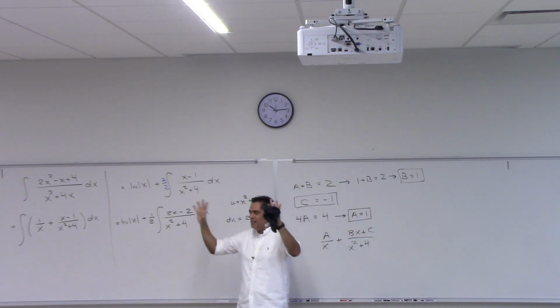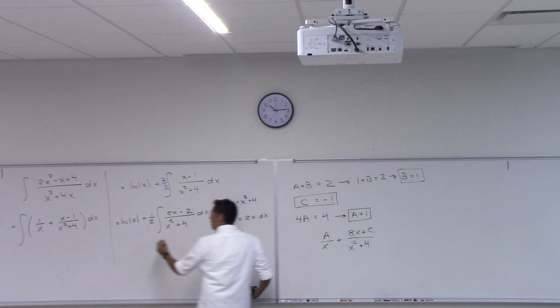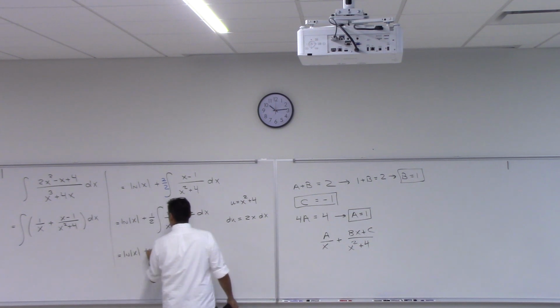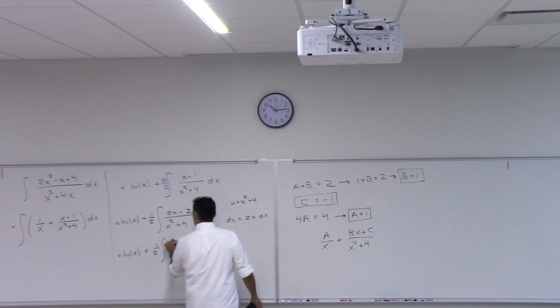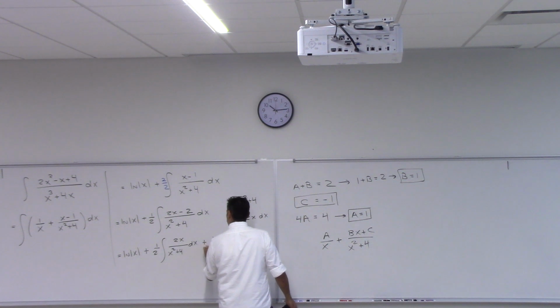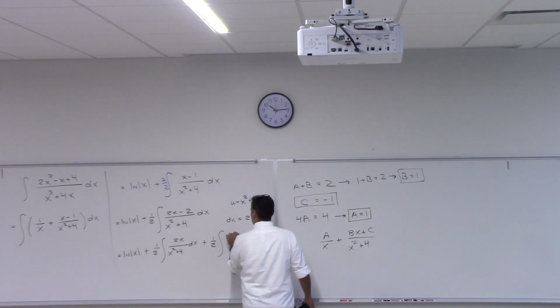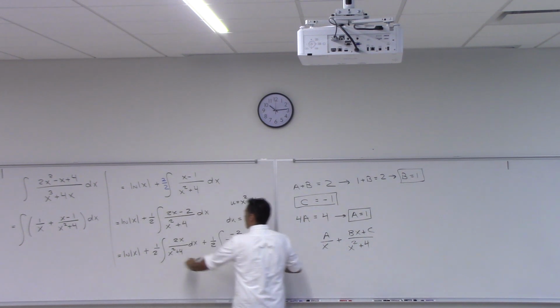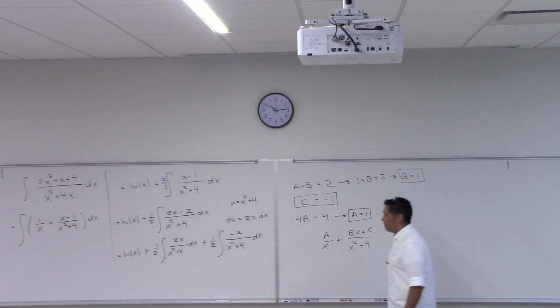So natural log absolute value of x plus, let me split it into 2. Integral 2x over x squared plus 4 dx plus 1/2 integral negative 2 over x squared plus 4 dx. That's me splitting this into 2 separate integrals, keeping the 1/2 in front of both of them.